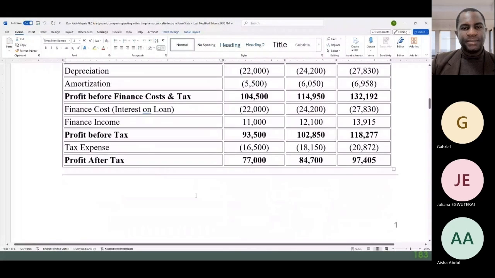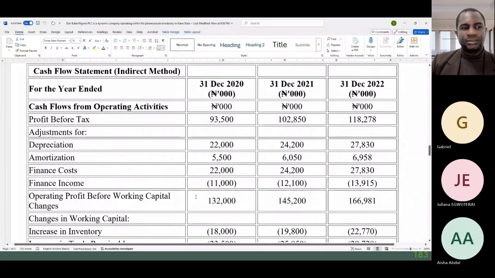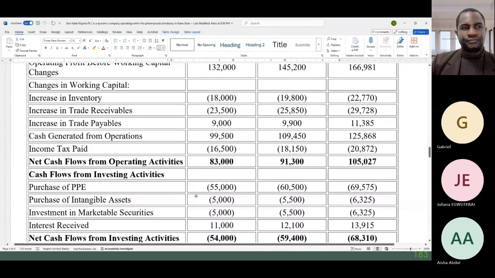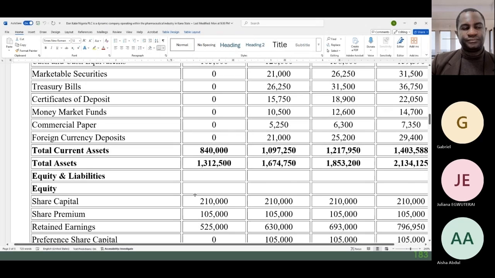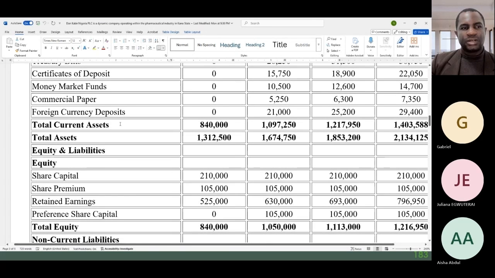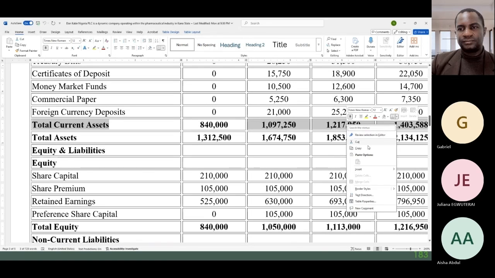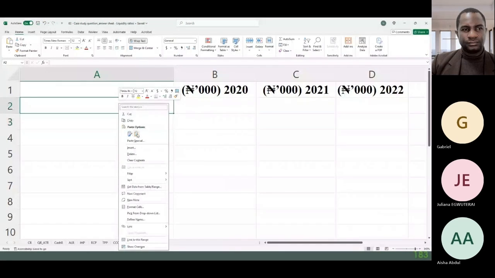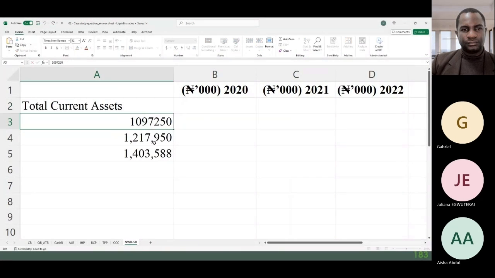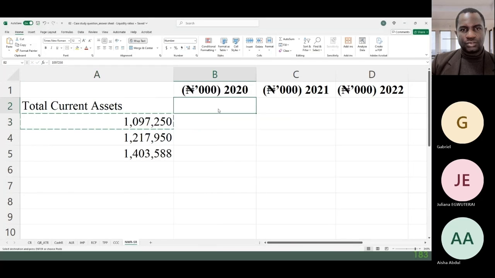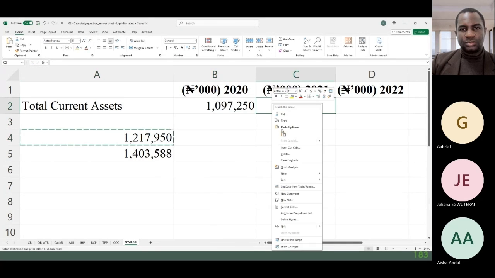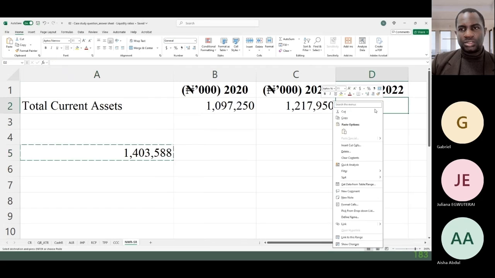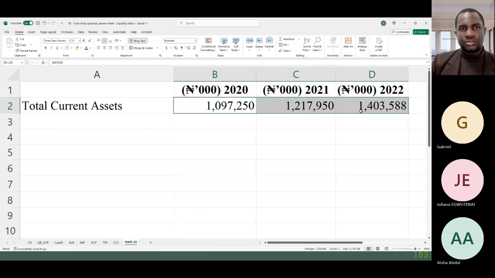From Dan Kabir, let's look at the SFP, and let's pick our total current assets for the 3 years. So this is for 2020, 2021, and 2022. Exactly. So we have our current assets based on the formula.